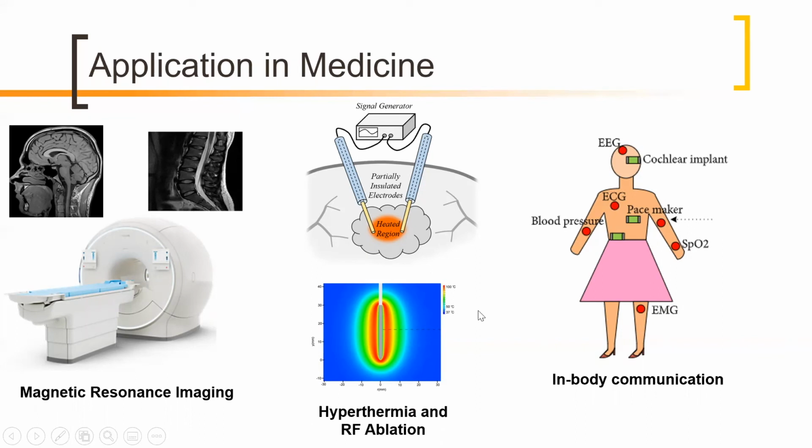Now, traditionally, we know that the treatment of cancer is due to concentrating some amount of ionizing radiation like X-rays or gamma rays on a given region of interest, say the tumor. But we can also do that by concentrating high enough RF energy into a given region of interest that allows the tumor to heat up, which can lead to other biological effects such as apoptosis or even mitotic cell death.